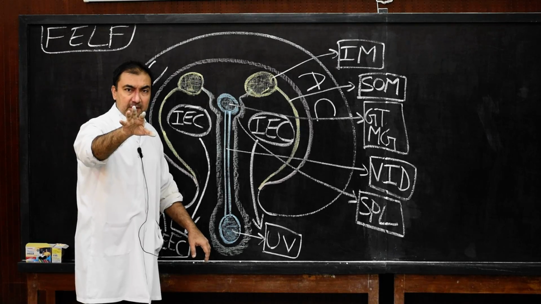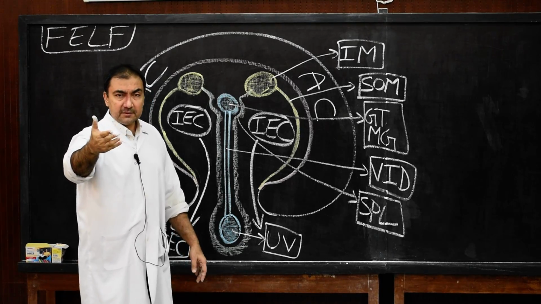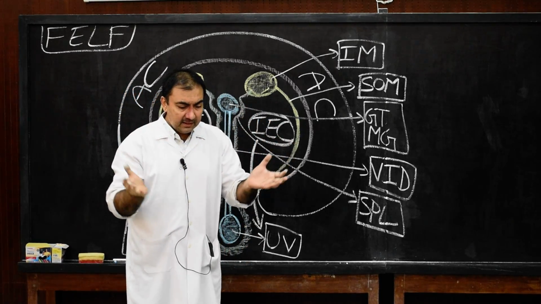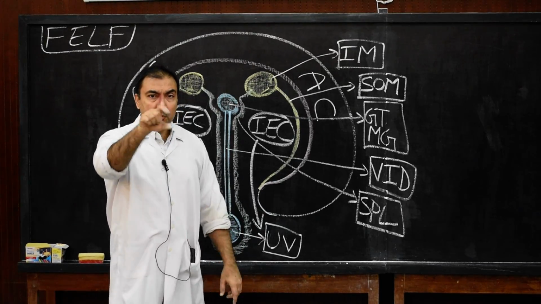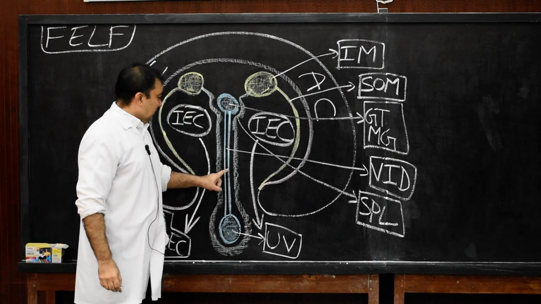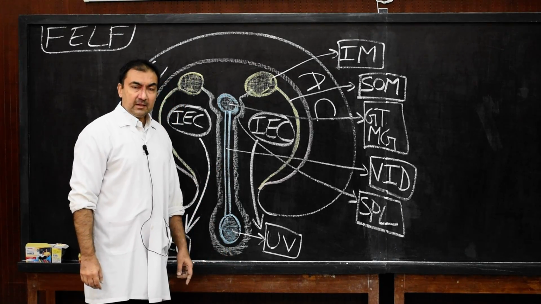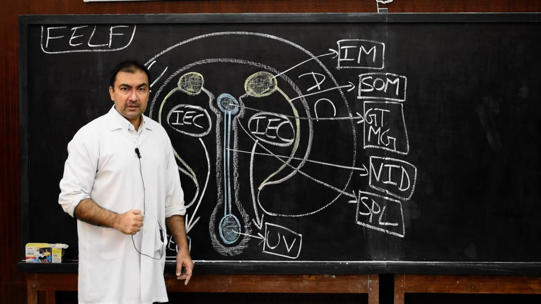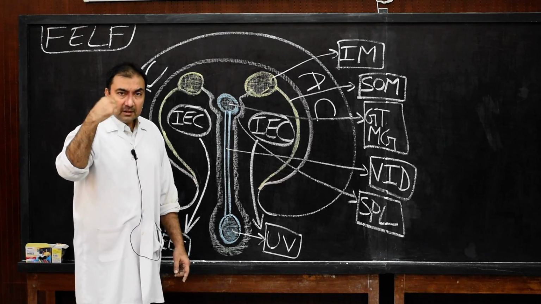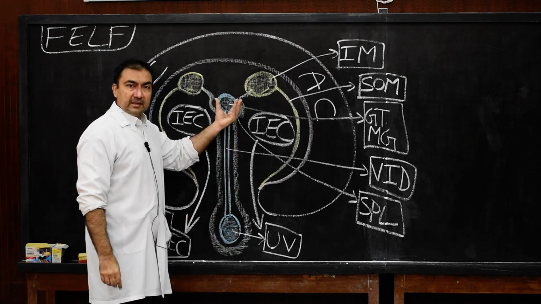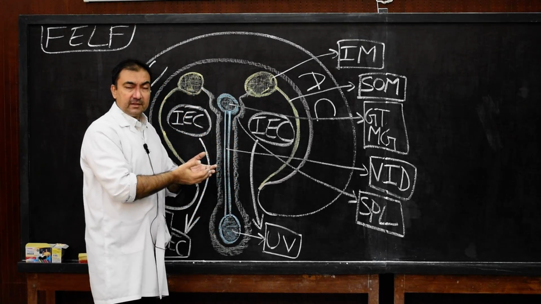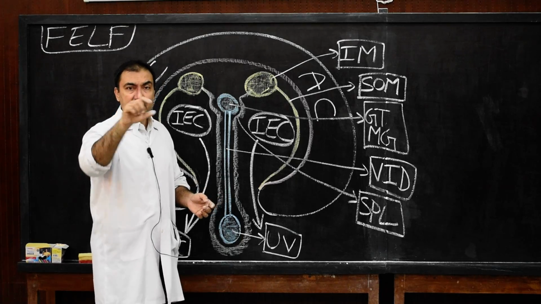Then, as the entire lateral folds bend, they will cover a small portion of the vitellointestinal duct. And why will it cover only a small portion? You need to understand this because the yolk sac has already gone inside the folding of amniotic cavity, which we have seen in the head and tail fold.